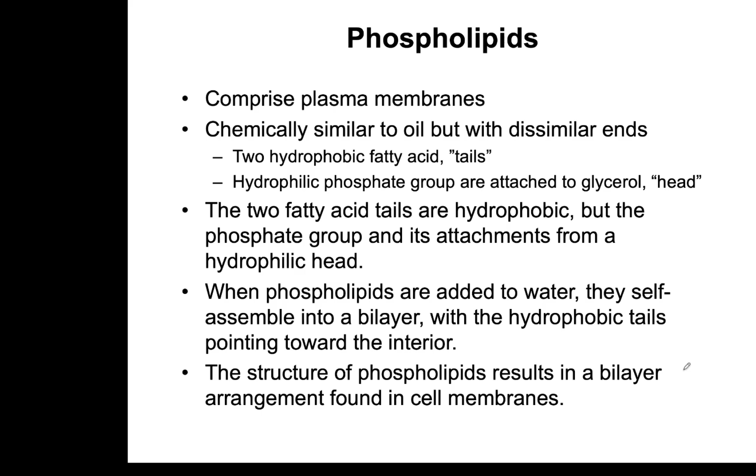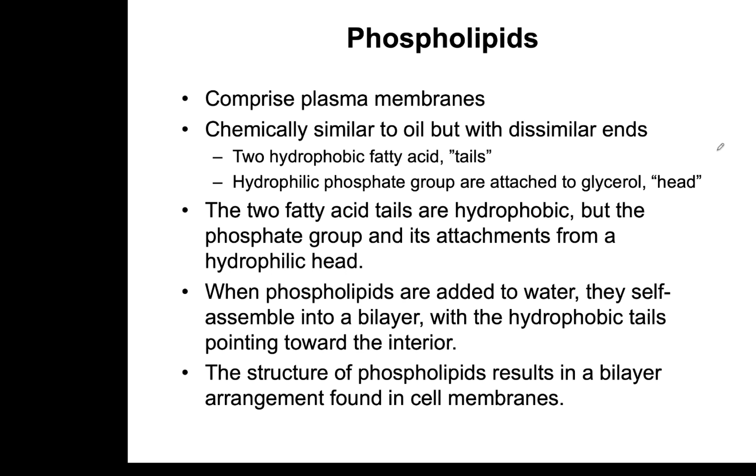Lipid can be subcategorized into 3. One is fat, second is phospholipid. Phospholipid comprises the plasma membrane. It is chemically similar to oil or fat, but it has a different end of chemical structure. Two hydrophobic fatty acids, we call that tail, and a hydrophilic phosphate group are attached to glycerol. We call that head.